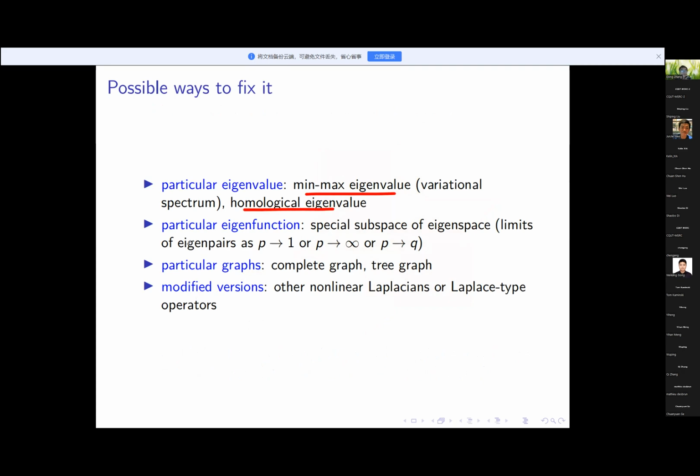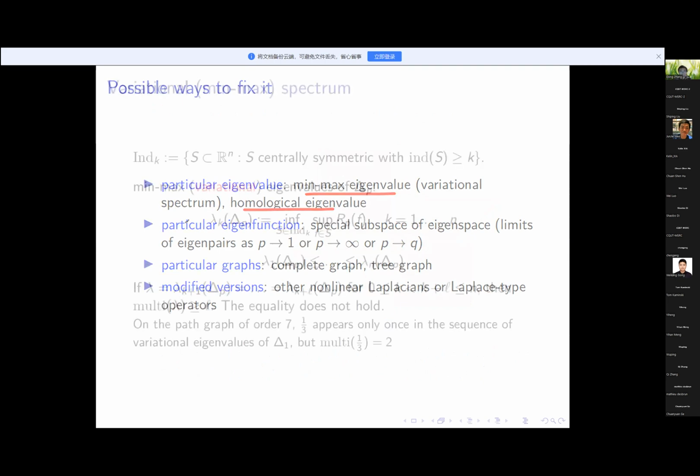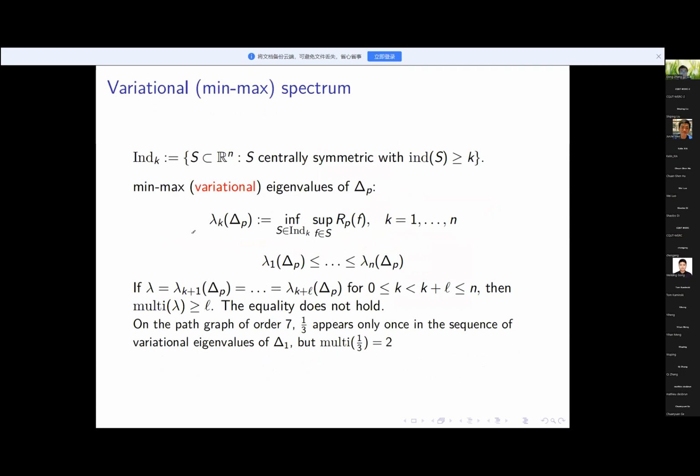The minimax eigenvalues, which we also call the variational eigenvalues, are defined as follows. The k-th variational eigenvalue of the p-Laplacian is defined to be the minimax of the p-Rayleigh quotient, where the infimum is taken over all centrally symmetric subsets with Z2 index at least k.